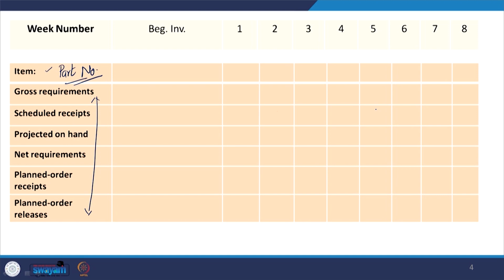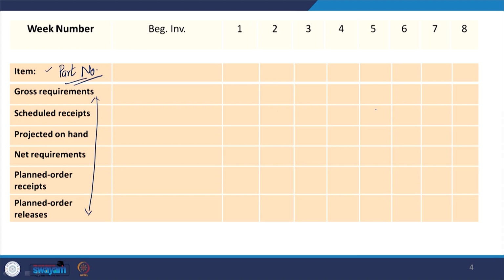Then what is your net requirement? Now, since you are already getting something, there is your gross requirement. So, what is now finally your net requirement? Your receipts on hand will decide how much additionally you will require.